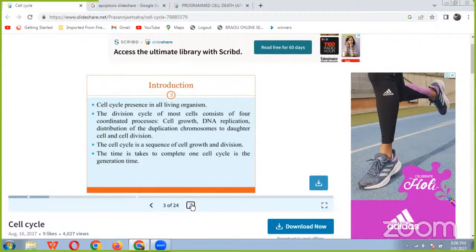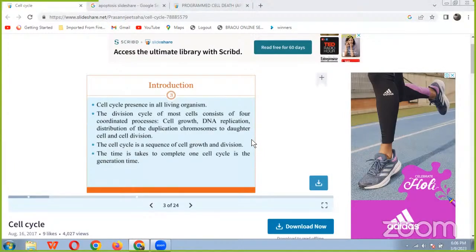Cell growth, DNA replication, distribution of the duplicated chromosomes to daughter cells, and next one is cell division. These are the four main important steps. The cell cycle is coordinated.